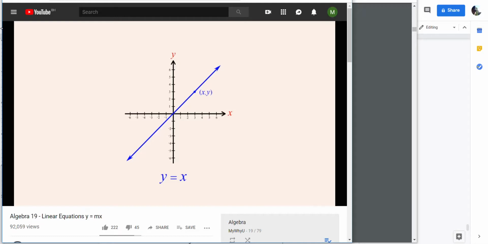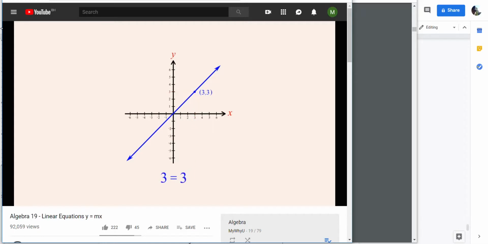We can verify this by replacing the variables x and y in the equation by the coordinates of any individual point. If this creates a true statement, then the coordinates satisfy the equation and the point lies on the graph. For instance, the coordinates 3, 3 satisfy this equation, since replacing both x and y by 3 creates the true statement 3 equals 3.